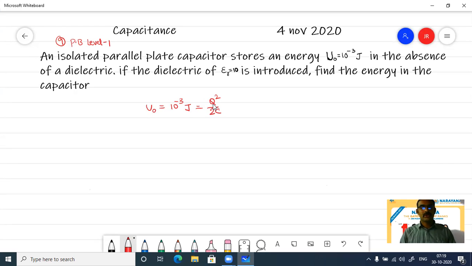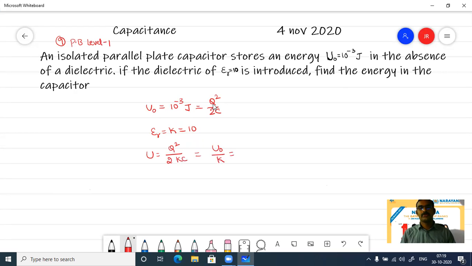In the absence of a dielectric, if a dielectric epsilon r, or k, of 10 is introduced, find the energy in the capacitor. Whenever we introduce a dielectric, the energy becomes Q square by 2 into kC. This is equal to U naught by k.